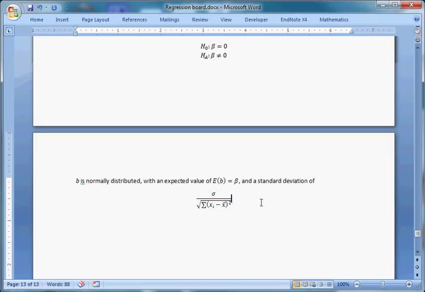It's got a standard deviation that's equal to this. So this would be sigma sub b. It's the standard deviation of the regression, sigma, or the standard deviation of the error terms, divided by this square root down here, which is sort of its standardization. So if we knew sigma, we could just standardize it and use a standard normal test statistic, but we don't.